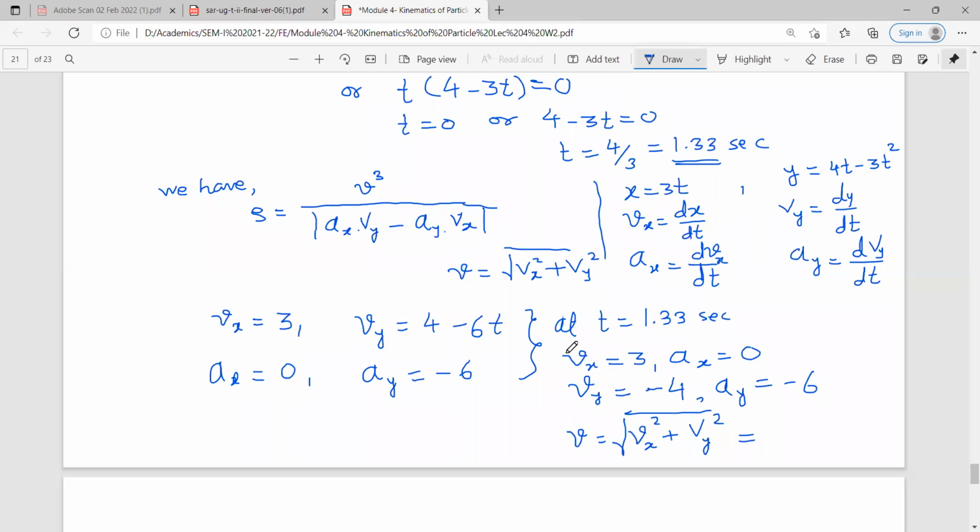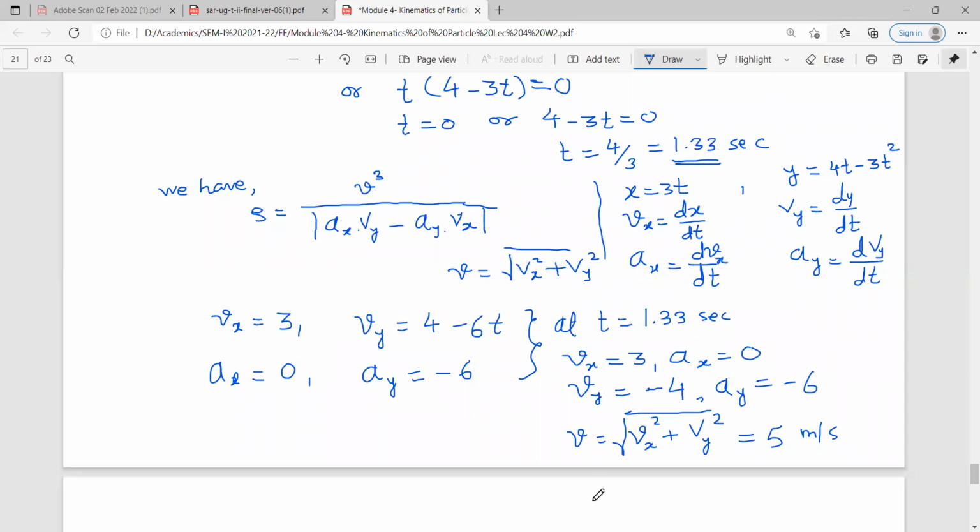Yeah, correct. So that gives me 5 meter per second. You can add units here. And all these values you put in the formula of radius of curvature. So the radius of curvature at this particular instant, when time is 1.33 second, can be found.